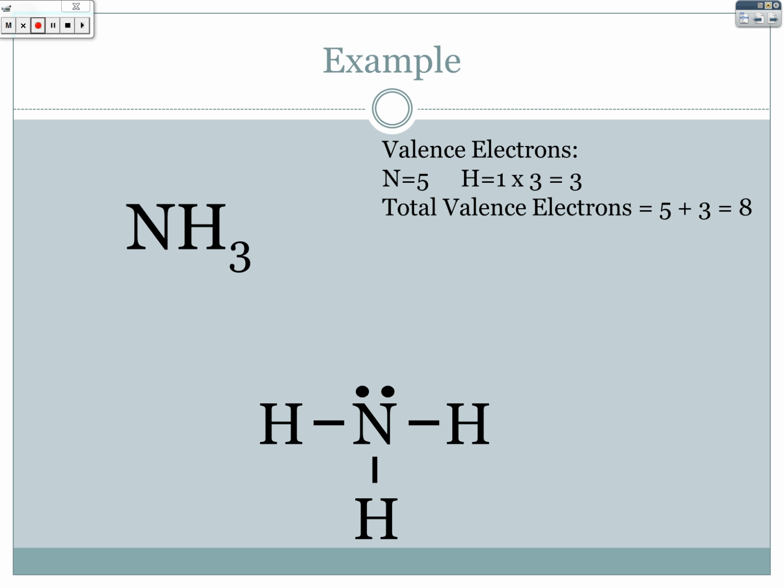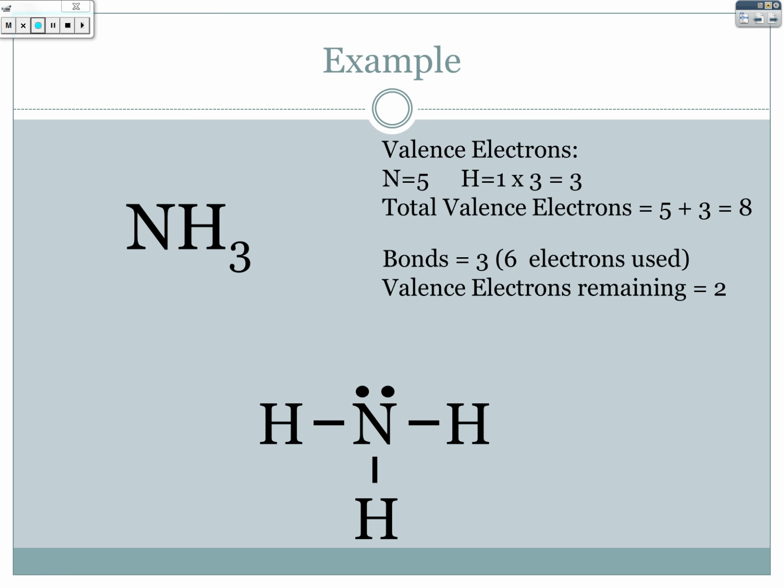So we have to get rid of them. So here, let's count our valence electrons. We have 2, 4, 6, and we left those lone pairs on nitrogen for 8. So 3 bonds, 6 electrons used, which means that we have 2 valence electrons remaining, and those valence electrons are placed, or left in this case, on nitrogen.